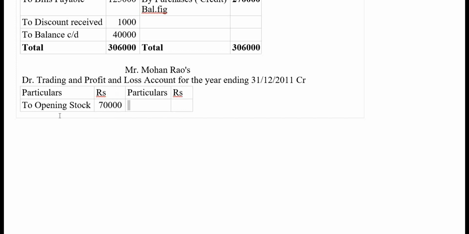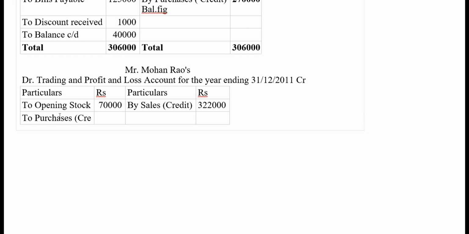Then by sales. We have only the credit sales here; there are no cash sales. So by sales credit, 3,22,000. Then to purchases. We have found only the credit purchases here; there are no cash purchases.